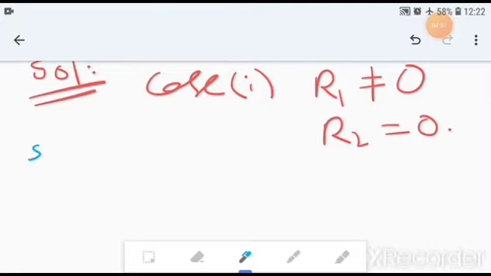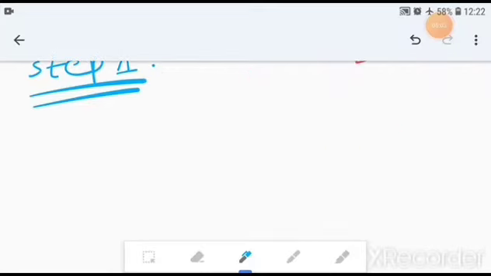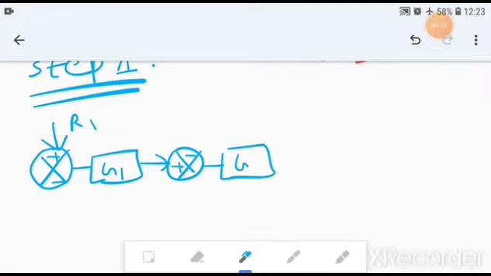I'll be drawing step 1 here, where we shift the takeoff point beyond the block. So for step 1, here we have summing point 1, where we have the input R1 and G1, then summing point 2 with plus and minus, then we have G2 here, then summing point 3.